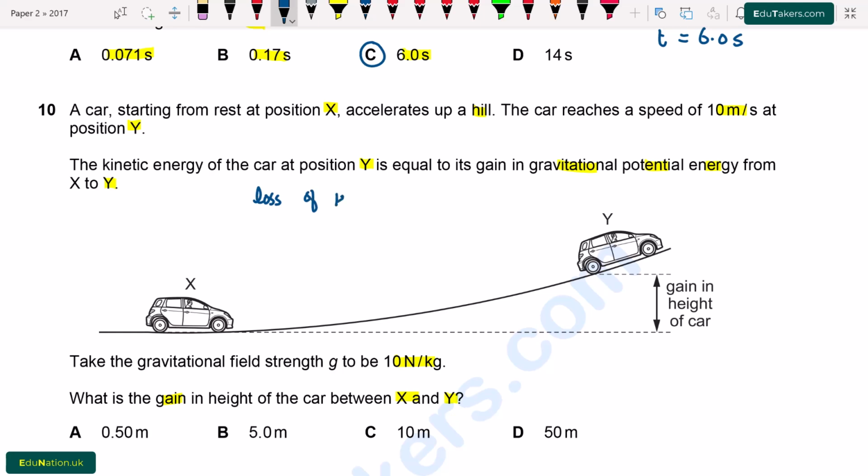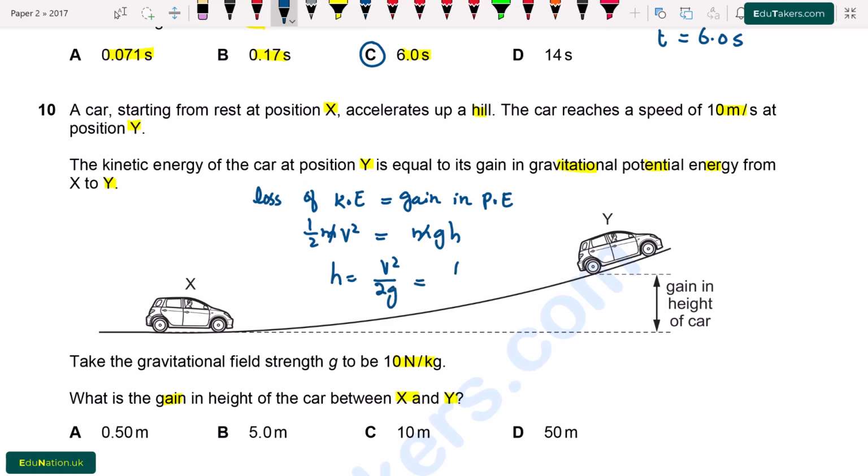loss of kinetic energy is equal to gain in potential energy. Kinetic energy is half mv square. This will be equal to potential energy, which is mgh. So this m cancels by this and h will be equal to v square over 2g. Now I am going to put values here.